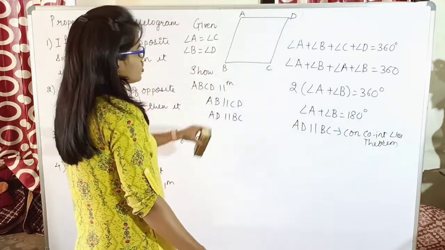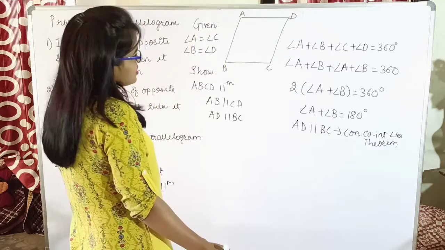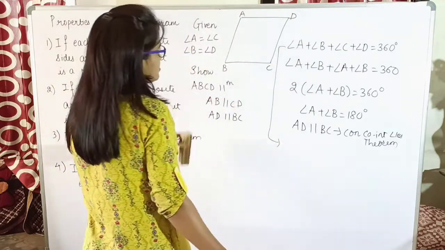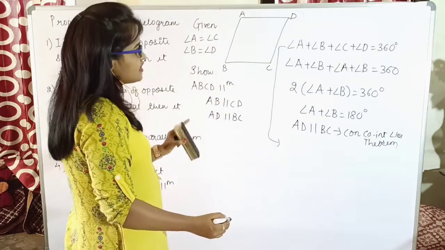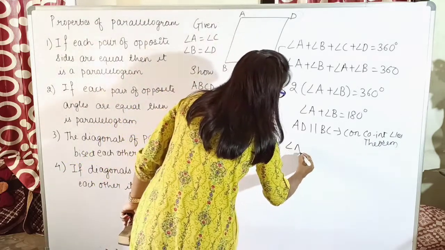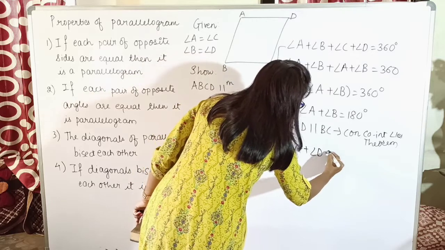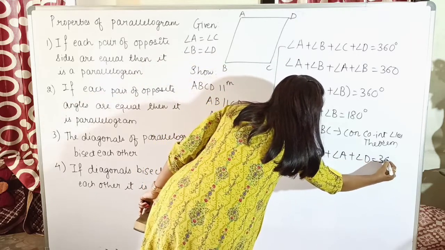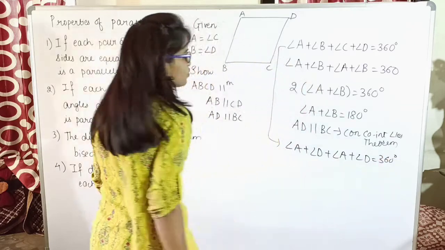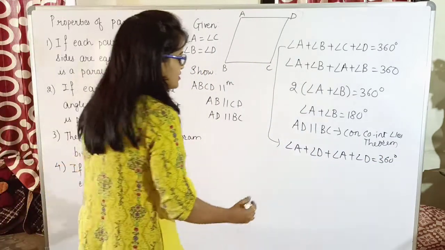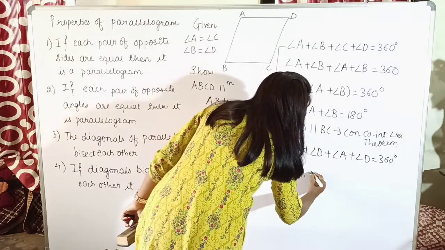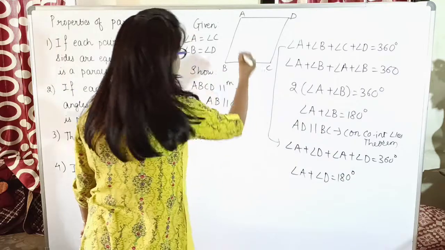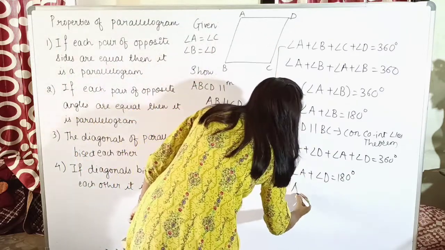isn't it? And for showing the sum of A and D as 180, again take the same equation, just keep A and D there and replace the other ones. So angle A, instead of B I will write angle D, whereas instead of C again I will write angle A and angle D, which gives me 360. So angle A twice, angle D twice, it means angle A plus angle D is equal to 180 degrees, which means AB is parallel to CD.